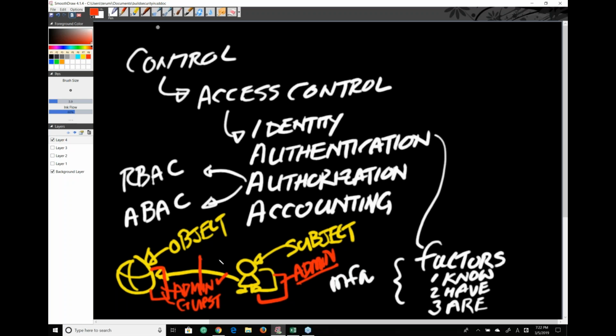And that's where ABAC comes in. ABAC, the A stands for attribute, so it's called attribute-based access control. You should definitely think about incorporating this into your design. Attribute-based access control asks what the attributes are.